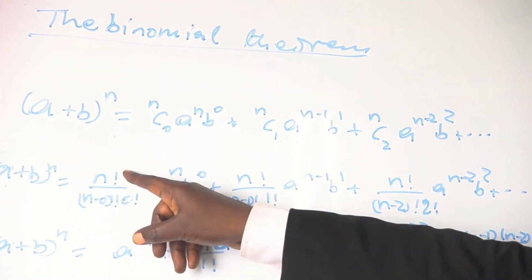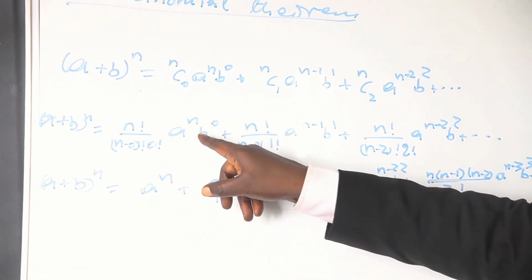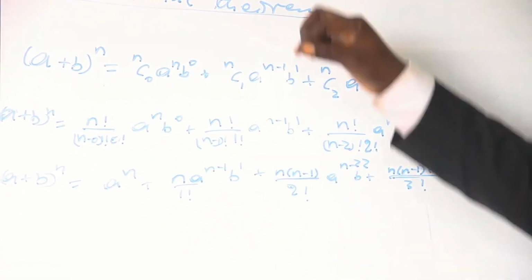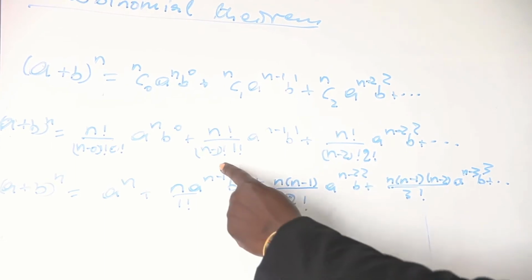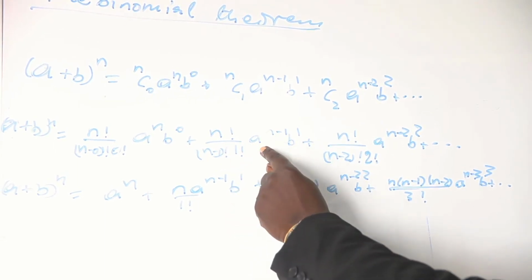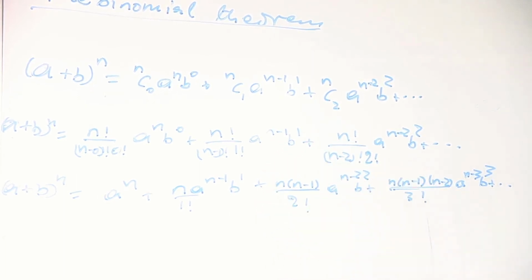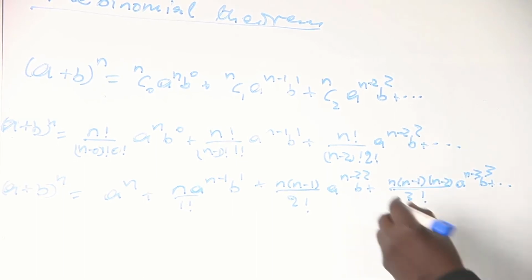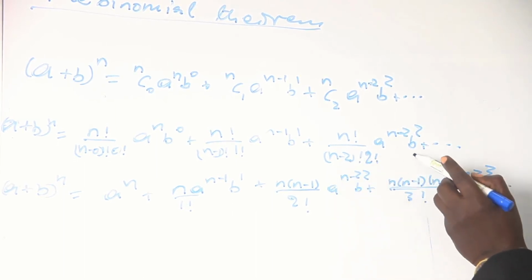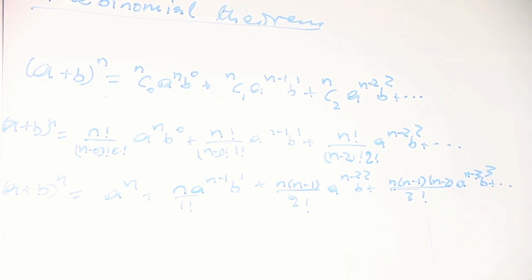You write the combination n factorial over n minus 0 factorial 0 factorial a power n b 0 plus n factorial over n minus 1 factorial times 1 factorial times a power n minus 1 b power 1 plus this is n factorial over n minus 2 factorial 2 factorial a power n minus 2 b power 2 plus and so on in that order.